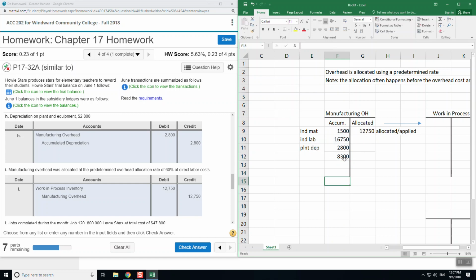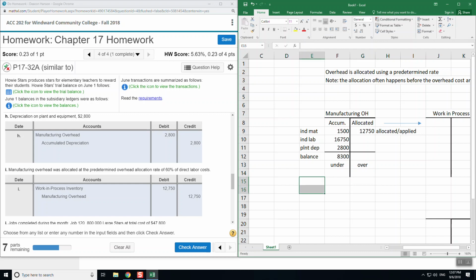So I got a balance of 8,300. So what this tells me is I didn't allocate all my overhead. So if you end up with a balance on the debit side, in this case, that would be under allocated. Had you had a balance on the credit side, that would have been over allocated.